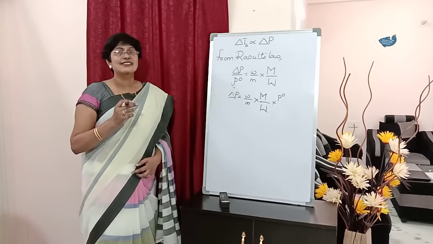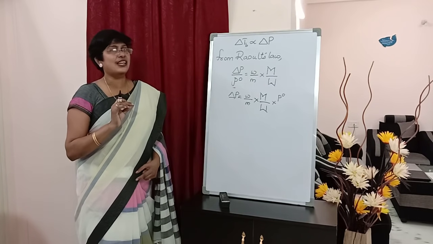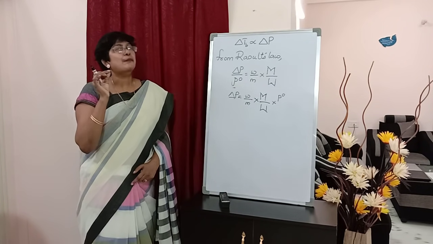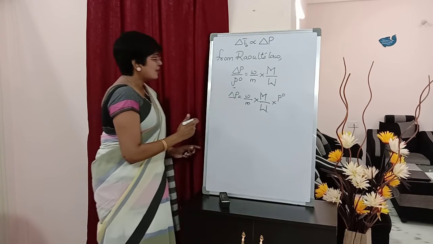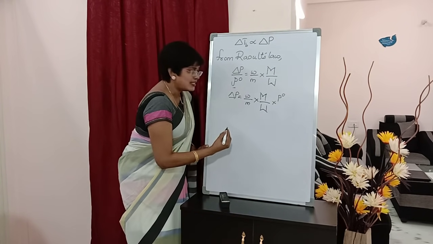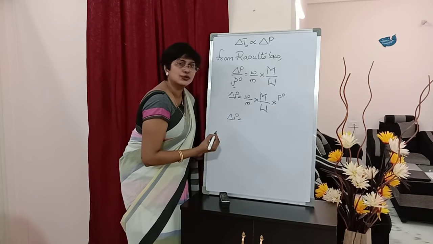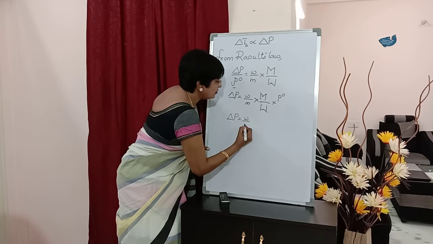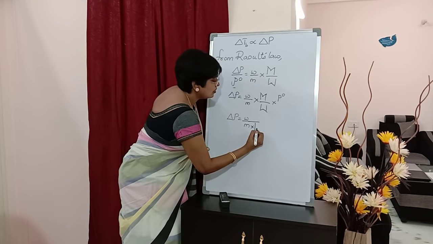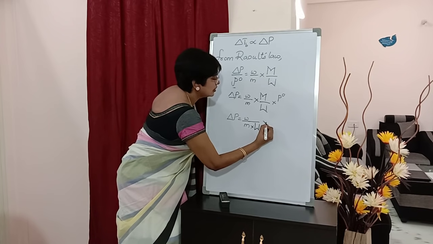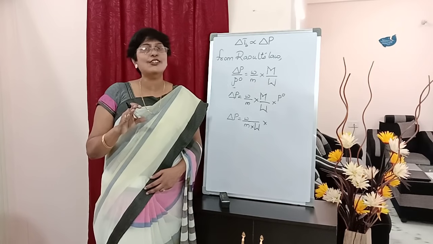Underline that point. Now I will show you in the form of the expression how P naught and M remain constant. So write down, students, below that sentence: delta P is equal to small w by small m into capital W. Now, capital M is constant, P naught is constant.